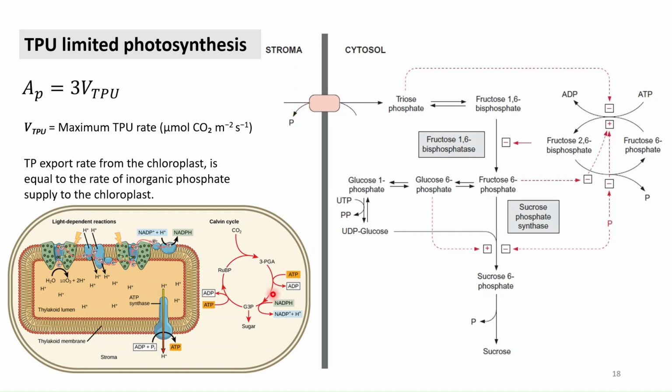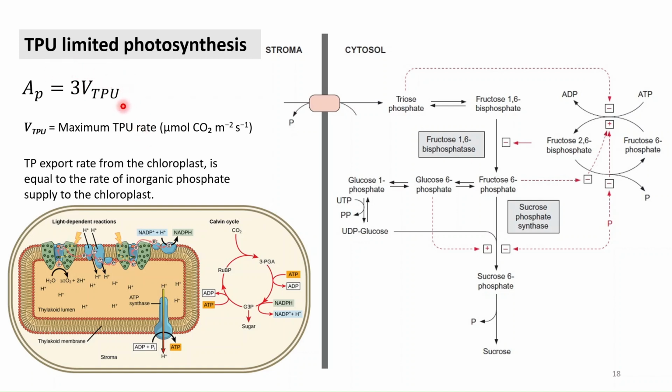Now, this inorganic phosphate is what will combine with ADP to form ATP during the light dependent reaction. We have seen that a proton gradient is formed, ATP synthase is driven by this proton gradient, and then ADP along with an inorganic phosphate will form ATP. So where is this inorganic phosphate coming from? It is coming from the cytosol when this triose phosphate during the Calvin cycle is pushed into the cytosol for the manufacture of starch.